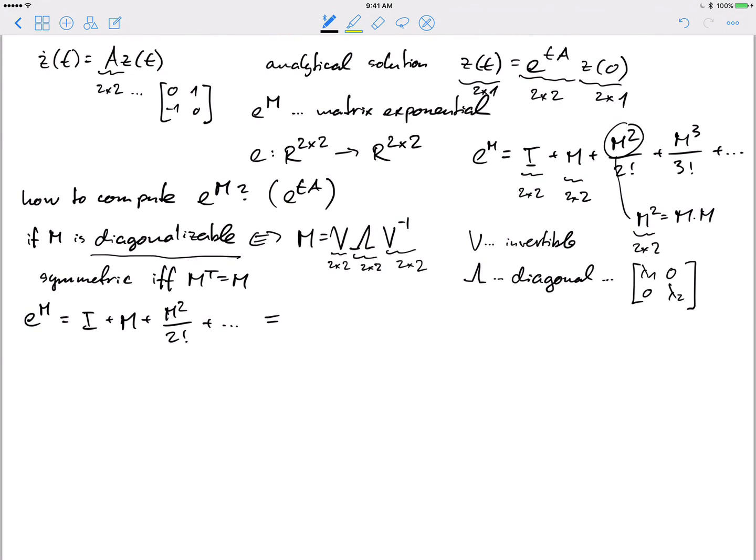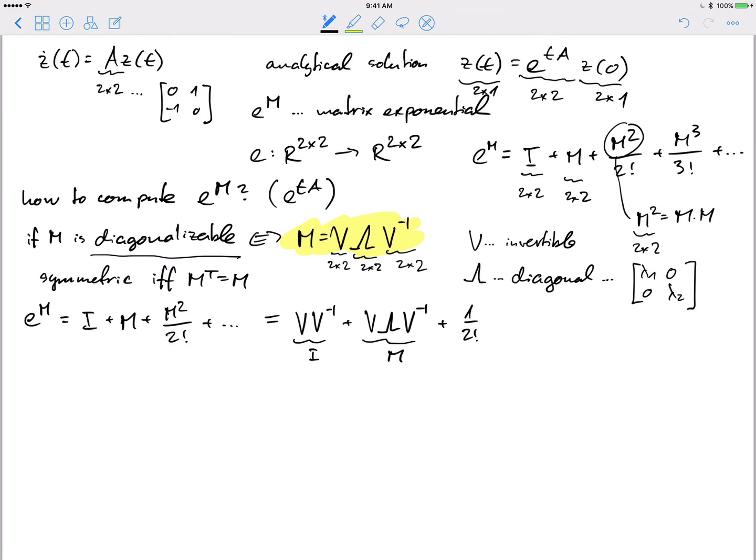Now, if I use the fact that M is diagonalizable, then I can write this in a funny way. I can write the identity as V times V inverse, because a matrix times its inverse is the identity. Plus M, which is just V lambda V inverse. This is what used to be the identity, this is what used to be the M. Then I have M squared divided by 2 factorial.